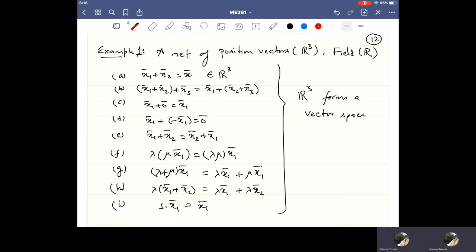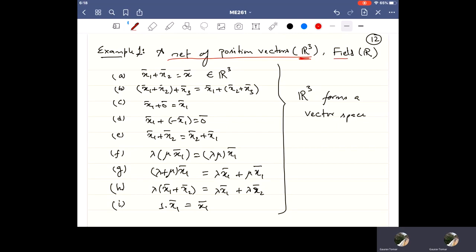Let's say a set of position vectors, R cube. This is a very common example. It's just what we talked about when we were talking about how to write a force, a vector which has magnitude and direction. They were all coming from this R cube, right? A Euclidean space kind of definition.